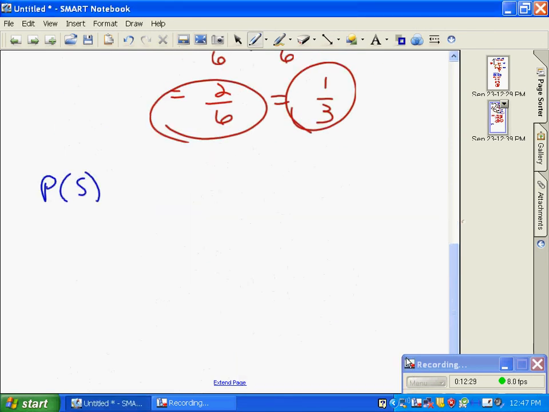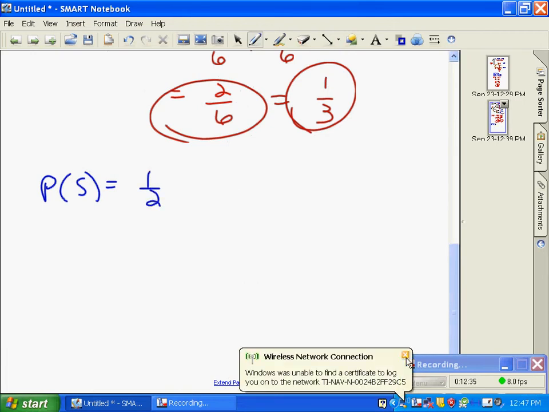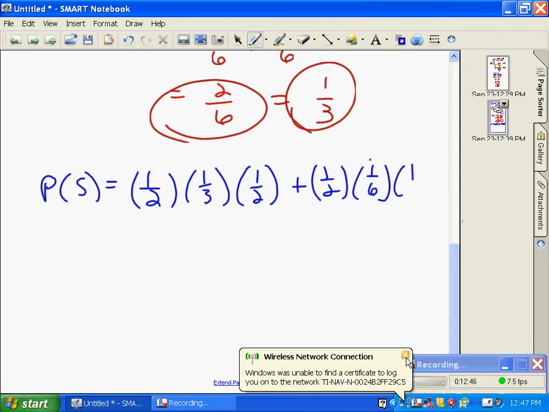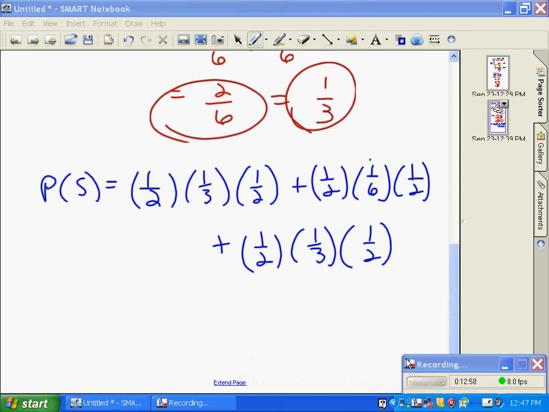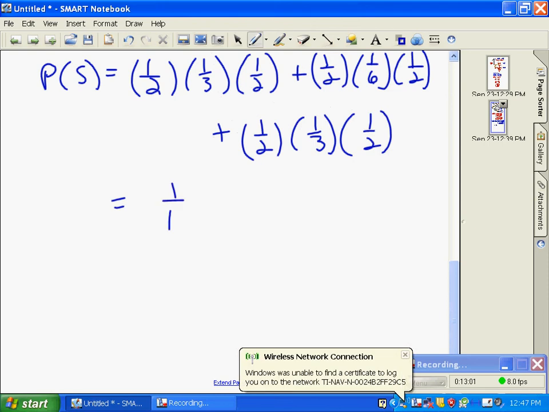So the probability of S is going to be... instead of 2/6, how about I write my 1/3 times my 1/2, or I have 1/2 times my 1/6 times my 1/2 plus my 1/2 times my 1/3 times my 1/2. So what I'm getting there is 1/12 plus 1/24 plus 1/12. So that's 2/24, 2/24, 1/24, which gives 5/24. So I get 5 out of 24.